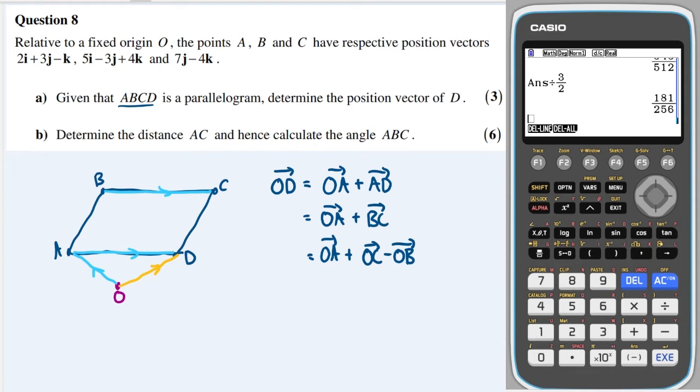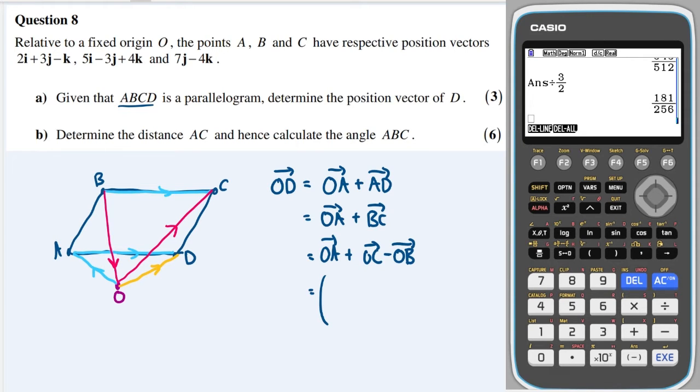So this is the calculation you need to do, and just to clarify why that's the case, B to C would be the same as going from B to O and then O to C, which is the same as minus OB and plus OC. Okay, great. So let's then put these in columns.